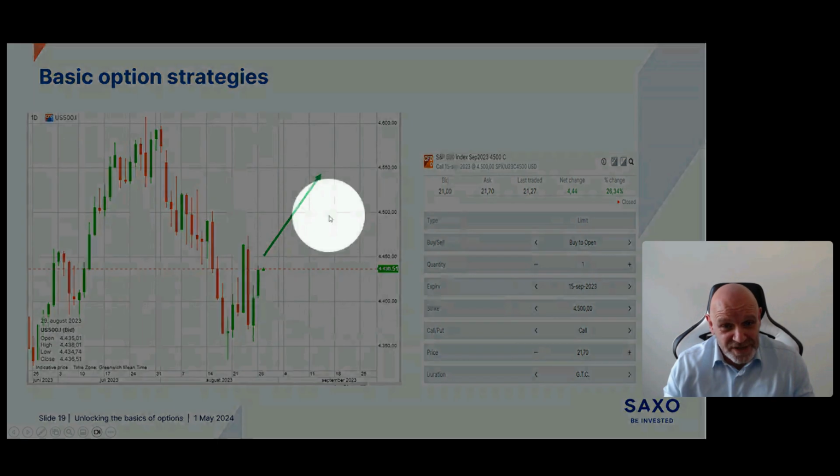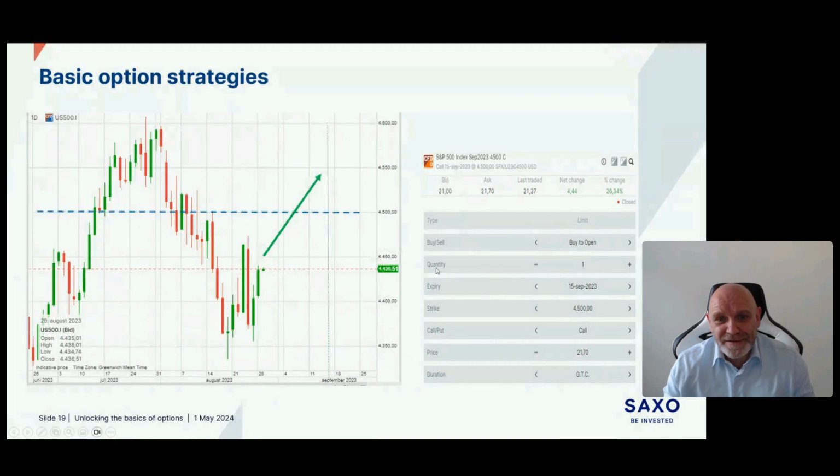We think that price will go higher than 4,500. It is a call. We want the price to go up. And for that right, we pay $21.70. And that's for one option. That would need to be multiplied by 100. So the total price of this option contract would be 2,170.